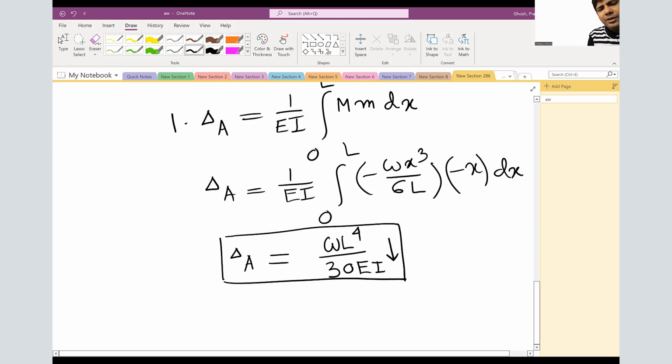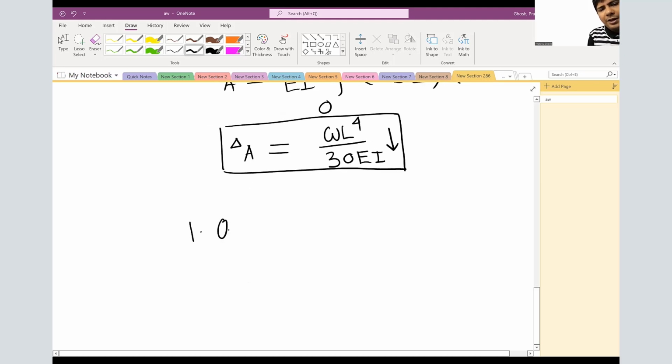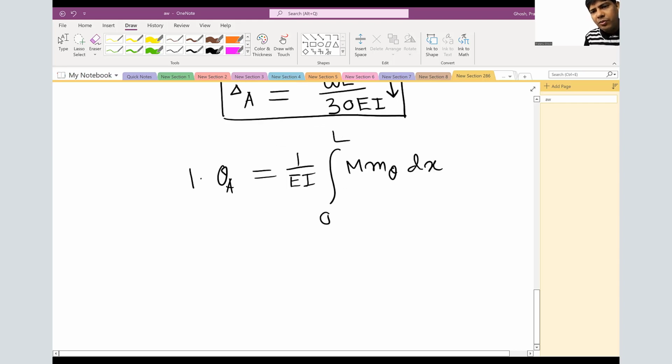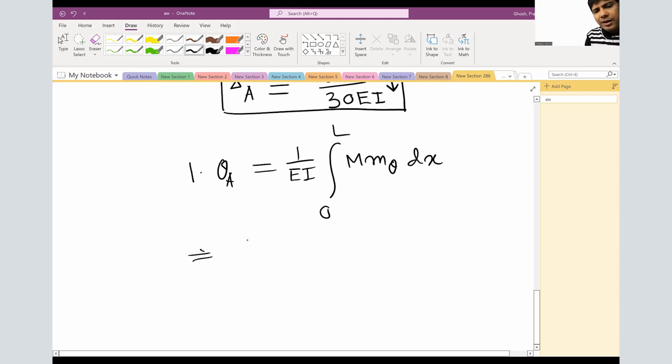Similarly, you will get our slope, 1 times theta A, 1 over EI, 0 to L, M sub theta times M dx. M sub theta is the virtual moment in virtual beam 2, and uppercase M is the real internal moment.